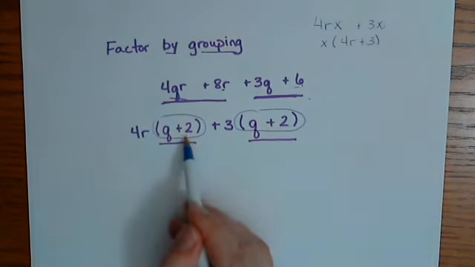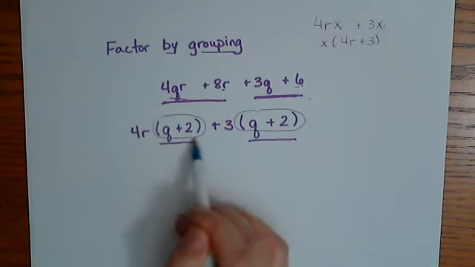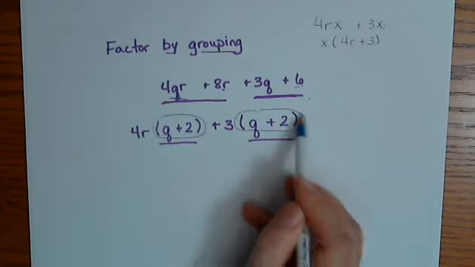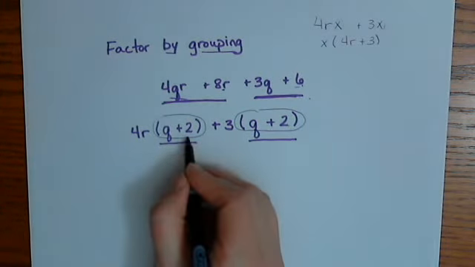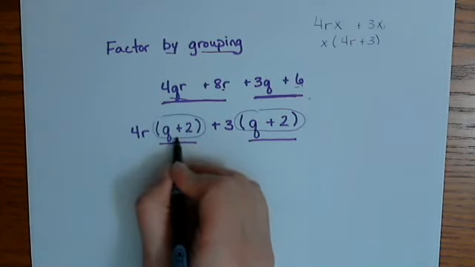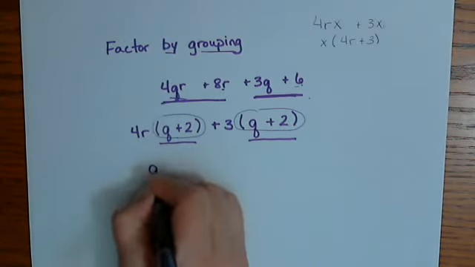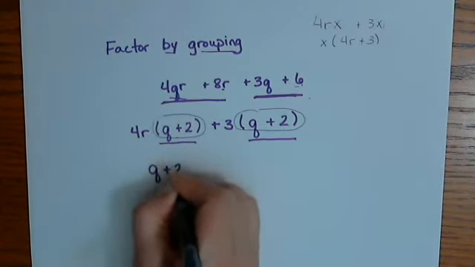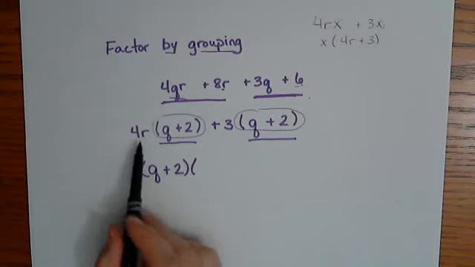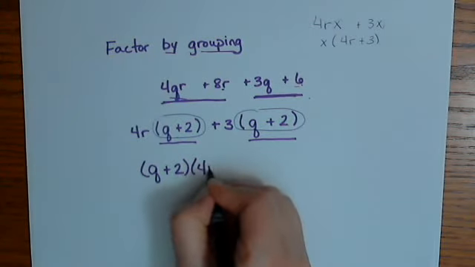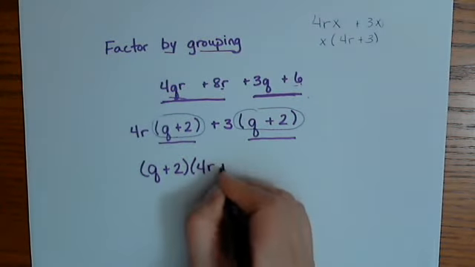But now on this one, instead of having an X, I have Q plus 2 as one whole circled thing that has to stick together. So now I'm going to factor out that common Q plus 2 and keep it in those parentheses. And I'm going to see what I have left. I have 4R plus 3.